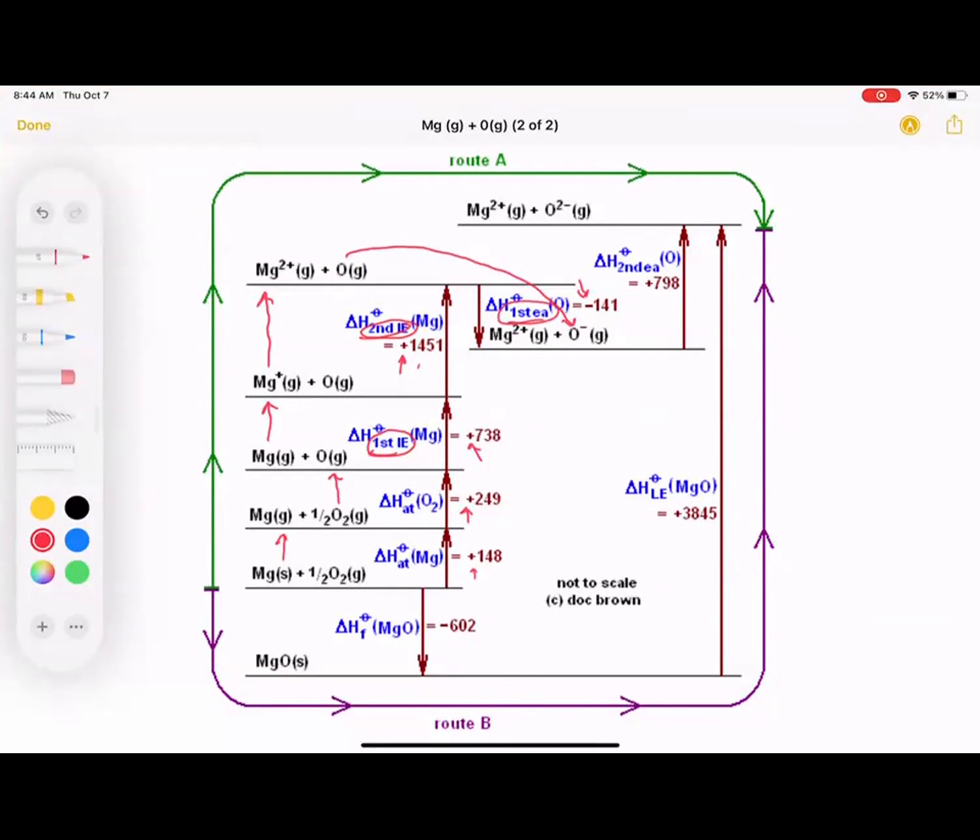But the second electron affinity, where we take O minus and convert it into O2 minus, is a positive value.